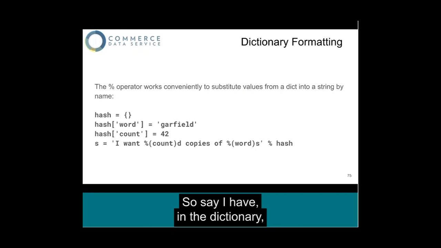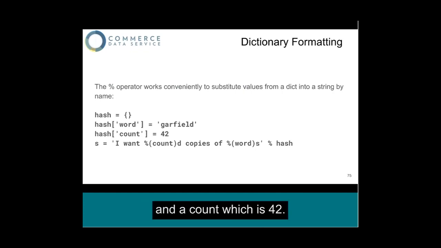So say I have in a dictionary defined a key called word, which is Garfield, and a count, which is 42. Now, I want to put the count in, and I want to put the word in.